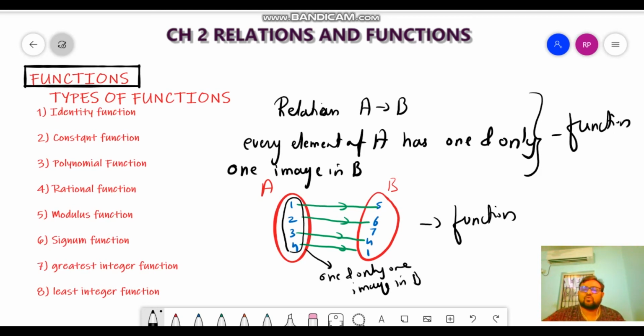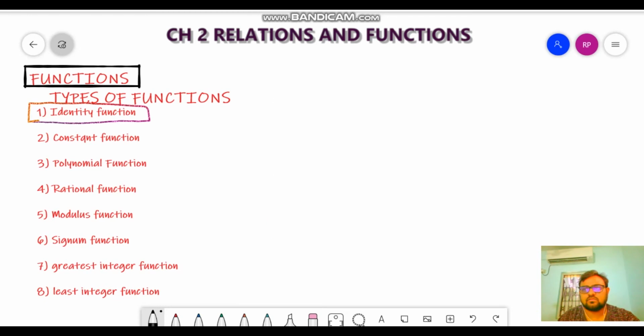Clear? So remember, a function means each element of set A will have one and only one image in set B. Then only you can call it a function. Clear? Now let's see types of functions.